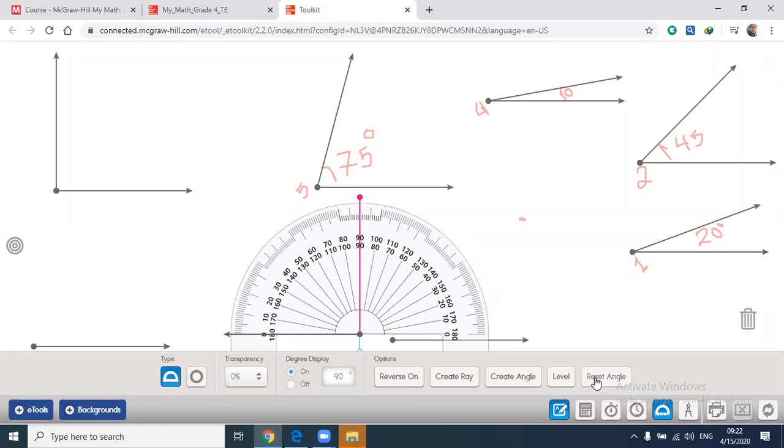I can draw angle with measure 115. Start from 0, 10, 20, 30, 40, 50, 60, 70, 80, 90, 100. 110, 115 is between 110 and 120, in the middle. So now I have the angle with measure 115.